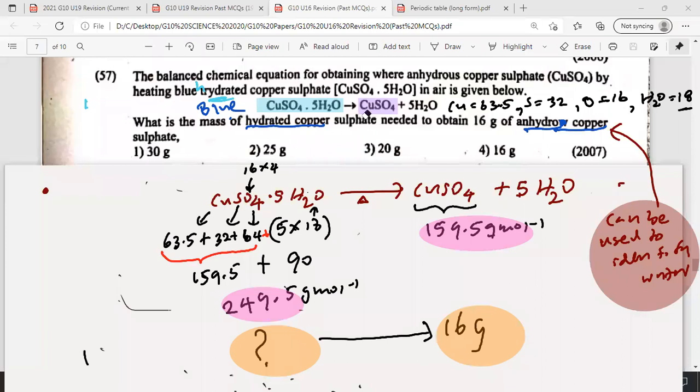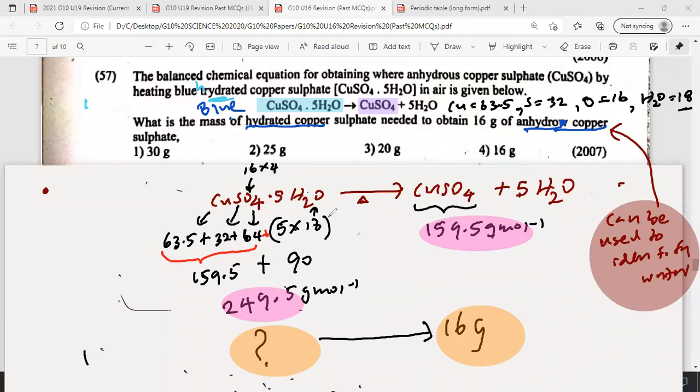You have to take this with water, 249. You get the fourth answer. Sumela, what is the answer you got? Devmin, what is the answer? Second answer. Sumela, what answer did you give? Sir, I gave the fourth answer.